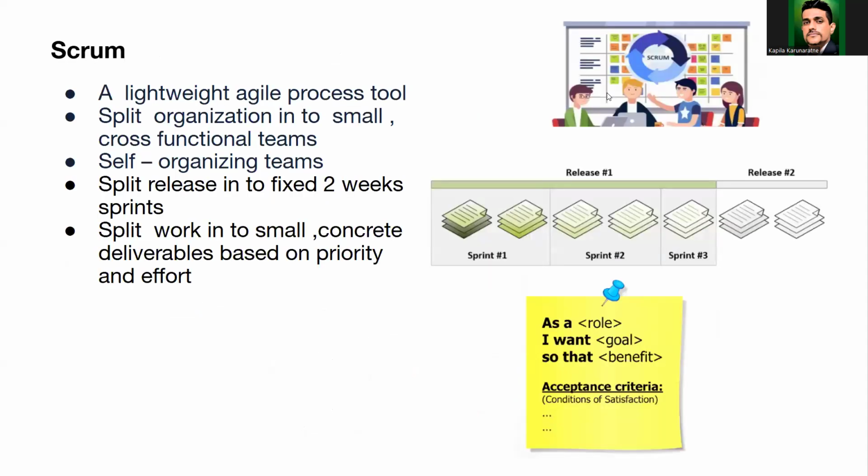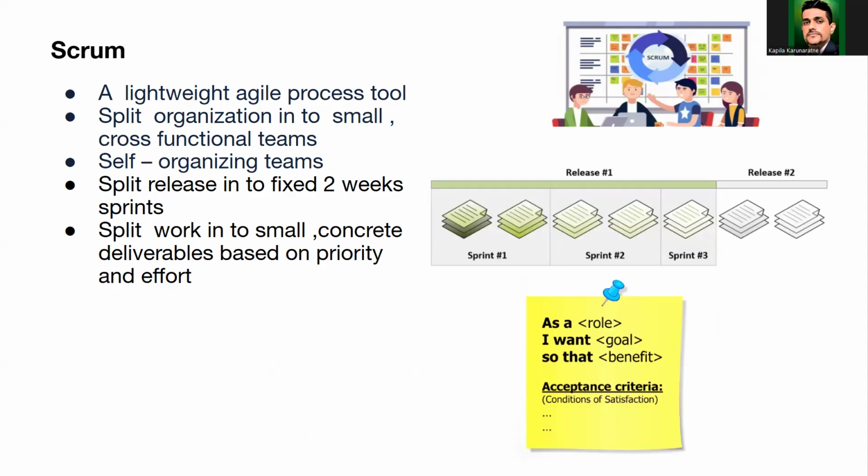Scrum is a kind of lightweight process that organizations use with small cross-functional teams, especially self-organizing, self-running teams, and they will deliver a small chunk of work. Mostly it will be a fixed time frame, mostly 2 weeks or 3 weeks.